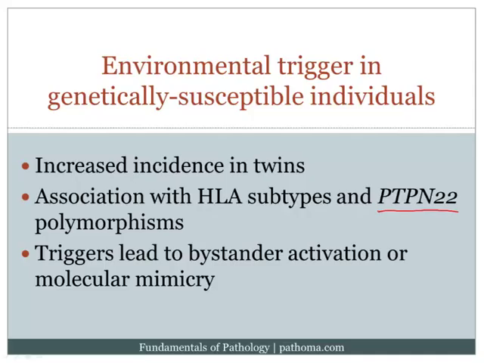And so that's one of the theories, that in order to develop tolerance, you need to have signaling. For example, the cell needs to bind self-antigen, and then a signal is sent telling the cell to undergo anergy. However, if the signaling mechanisms are awry, for example, with a PTPN22 polymorphism, then that would increase the risk of developing autoimmunity.